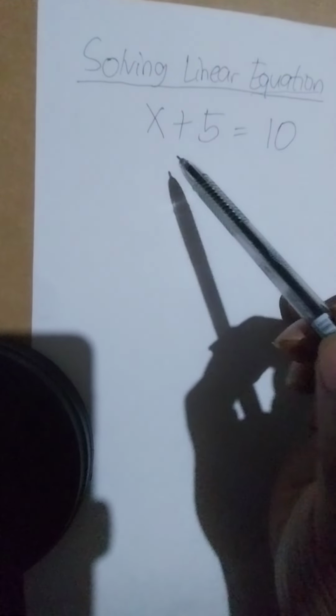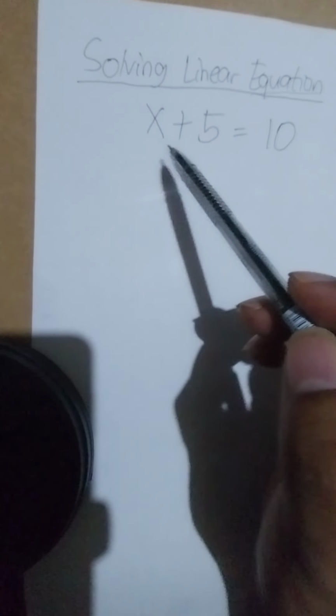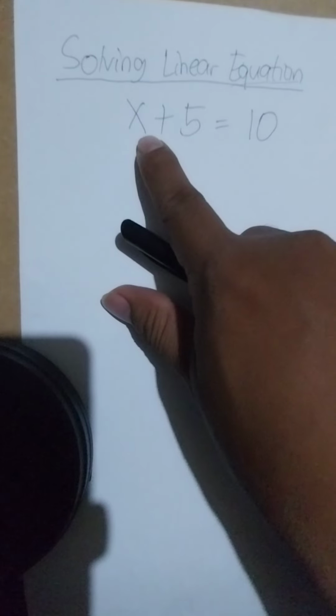In solving a linear equation, there is a variable. A variable is the unknown value or the unknown number. When you see a letter, we do not know its value. So our goal here is to solve for the value of x in order for this equation to be equal.